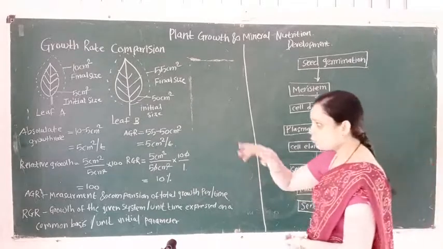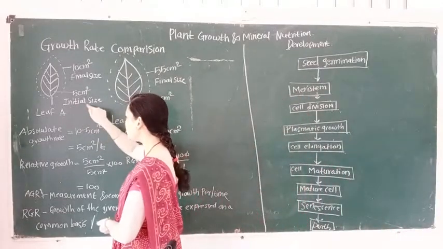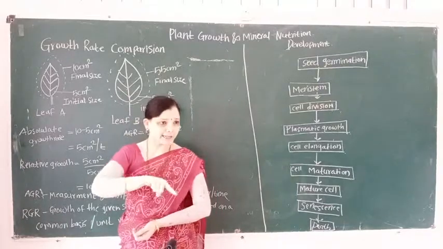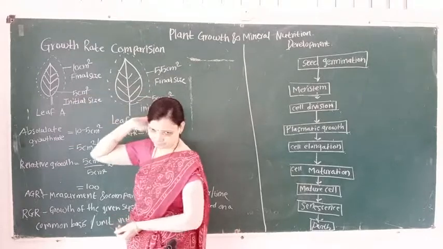Observe, in leaf A the initial size is 5 centimeter square.